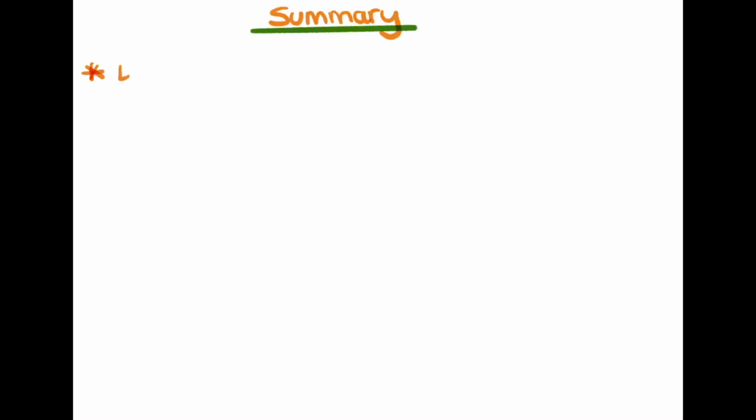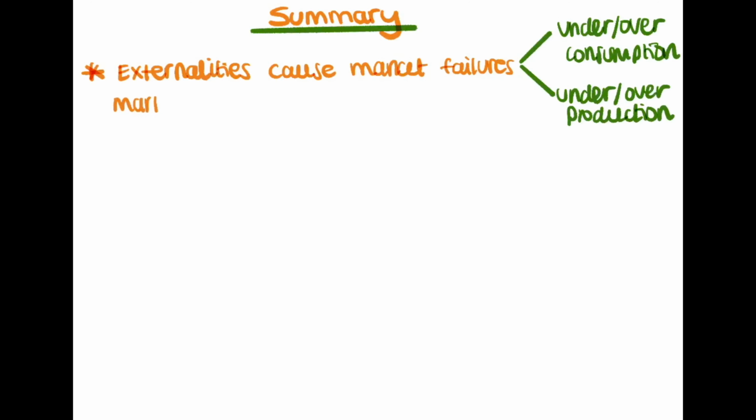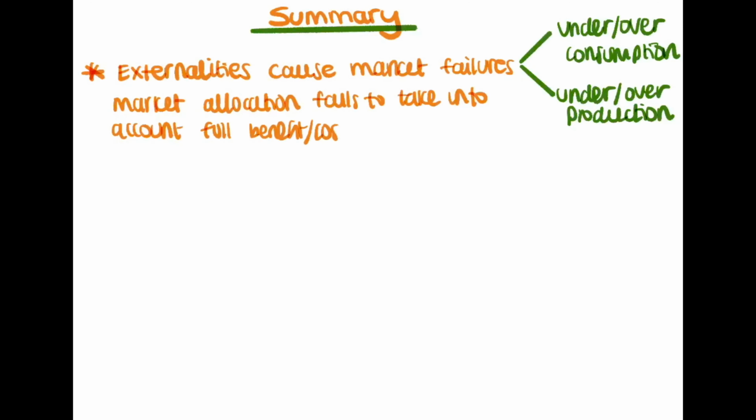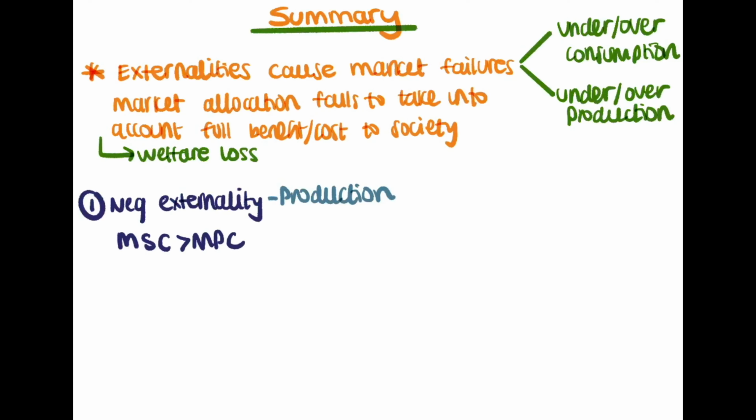Let's summarize. So externalities cause market failures because there is either an over or underconsumption or an over or underproduction of a product or service. And the market allocation does not take into account the full cost or benefit to society, resulting in a welfare loss. Negative externalities in production have a social cost exceeding the private cost.